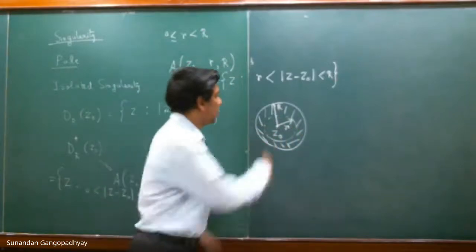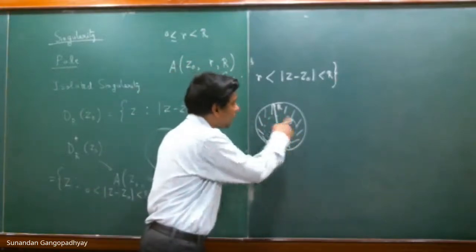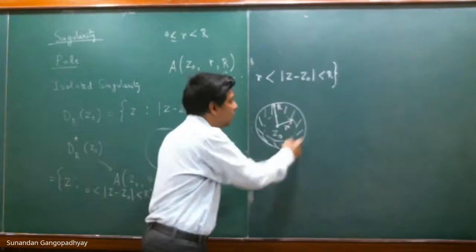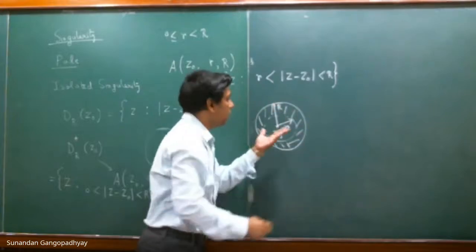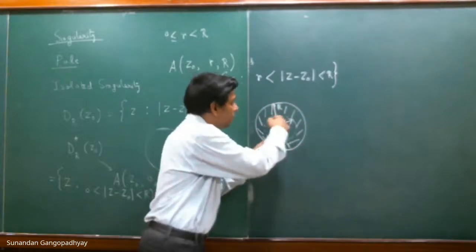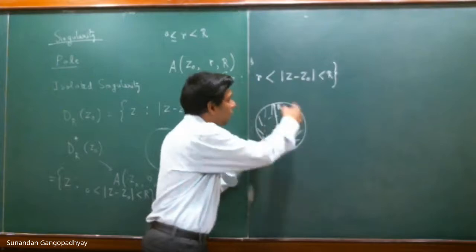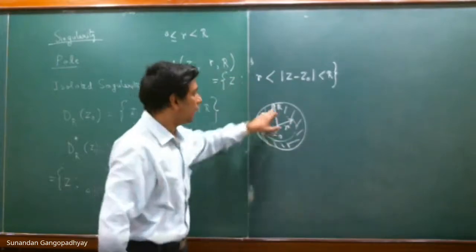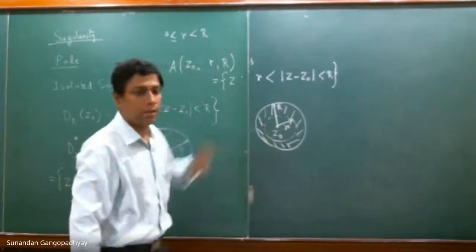But the points do not lie on the inner circle, nor on the boundary of the outer circle. It lies only in this annulus.